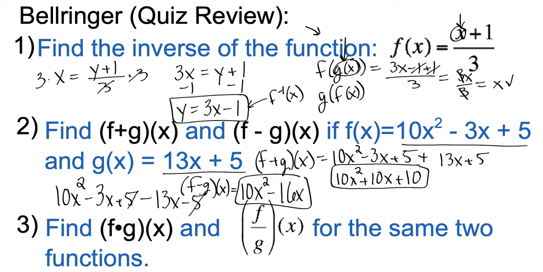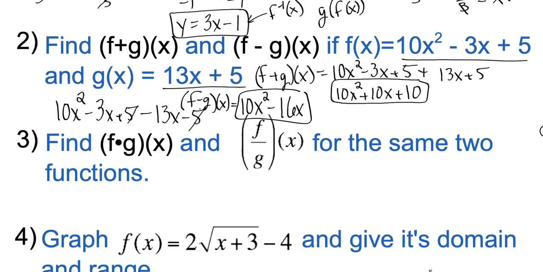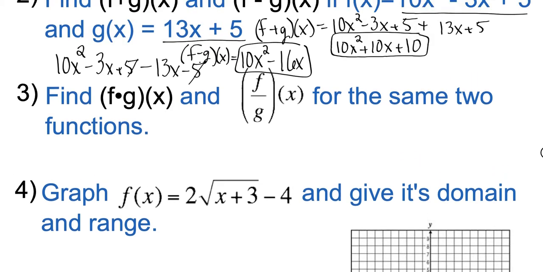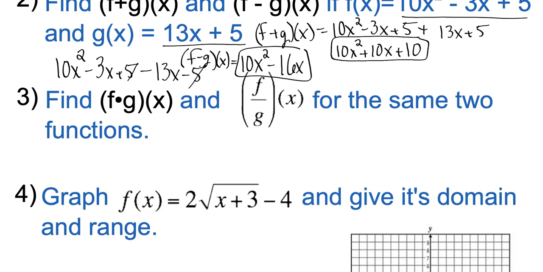For the last one that you can see on the screen, okay, we're doing multiplication and division. And if you got those down, you feel pretty confident about those, you can go ahead and start the graphing question. Okay, but for multiplication, we're going to take our f times g of x. So that's going to be, usually we want to write the little one first. So that's our 13x minus 5.